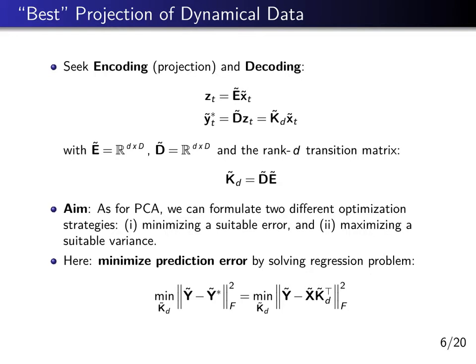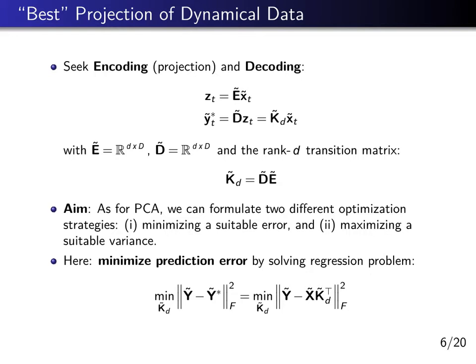And the solution can be simply found by recognizing that what we have written here is a regression problem. So really we are regressing inputs X to outputs or labels Y, and the matrix of coefficients is the matrix KD. So this is a so-called multi-target regression problem. Our label or output matrix Y has multiple dimensions.